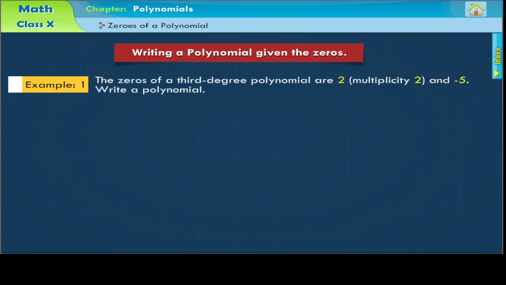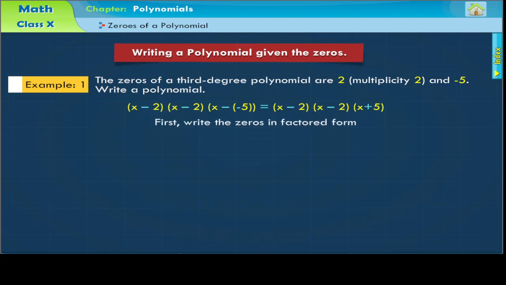The zeros of a third degree polynomial are 2, multiplicity 2 and minus 5. Write a polynomial. First, write the zeros in factored form. Second, multiply the factors out to find your polynomial.